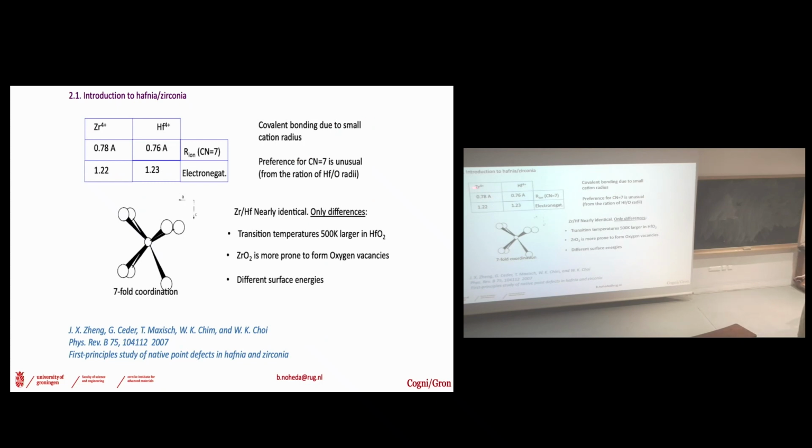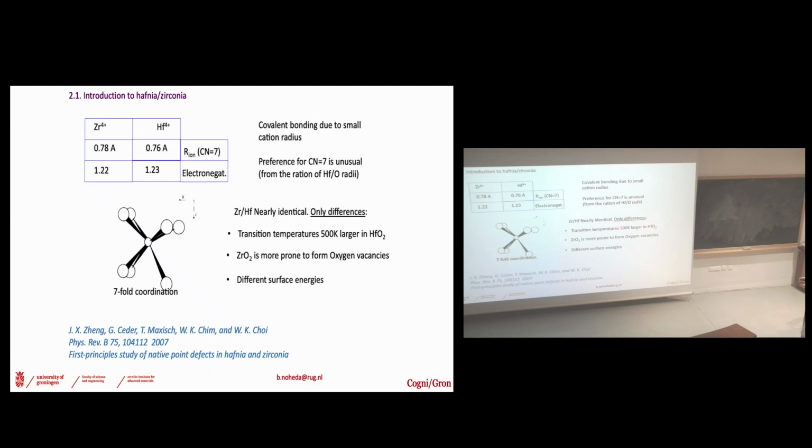So if you compare the zirconium 4+ cation and the hafnium 4+ cation, despite being quite far apart in the periodic table, they have a very similar size. So whatever we learn from hafnia is more or less true also for zirconia, and I will show later the comparison of the two. Okay.